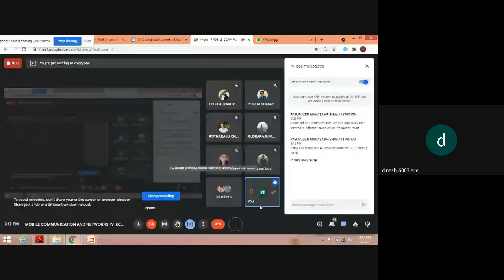So I have some queries. Let me address it. Same set of frequencies are used for radio channels located in different areas called frequency reuse. Yes.